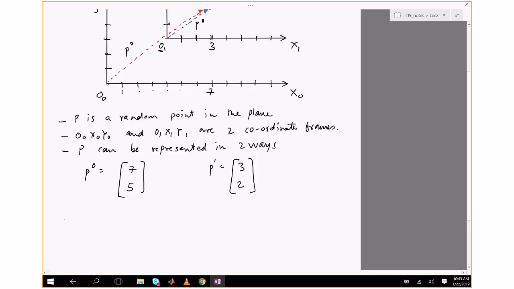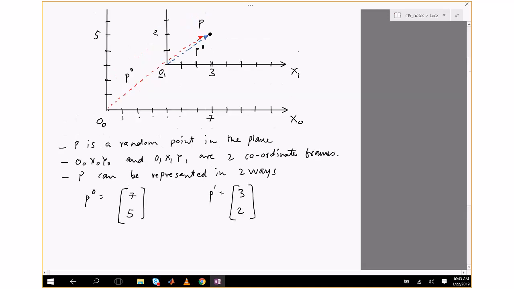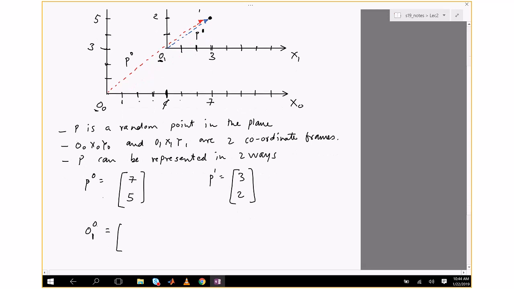So you could also write coordinates of the origin. So O1 is the origin. I want to find the origin in frame 0, so in this frame. For that I need the coordinates of this point, which is 1, 2, 3, 4, and then 1, 2, 3. So O1 as seen from frame 0 is going to be X is 4, Y is 3.